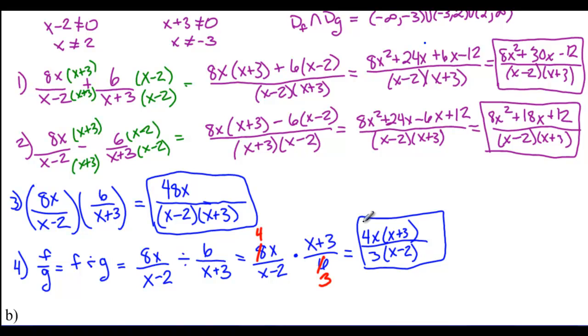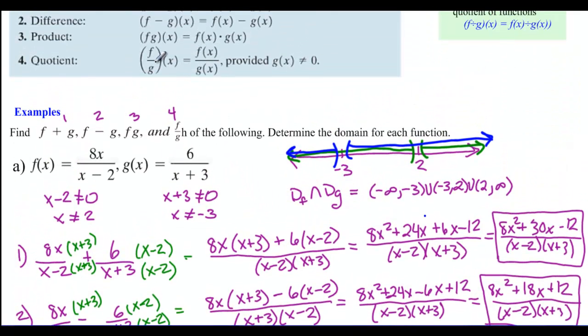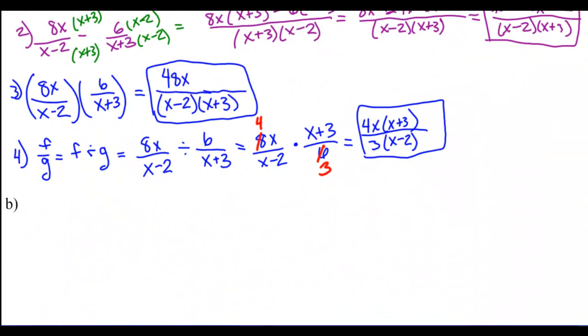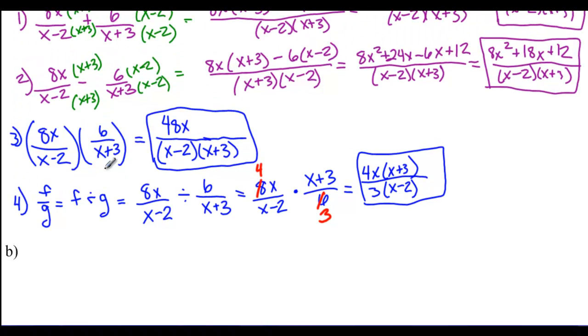As for the domain, this one has the additional requirement that g of x not equal 0. So because the g is on the bottom, the g of x cannot be 0. Well, g of x will not be 0. G of x is just this 6 over x plus 3, and we have that not equal to 0.